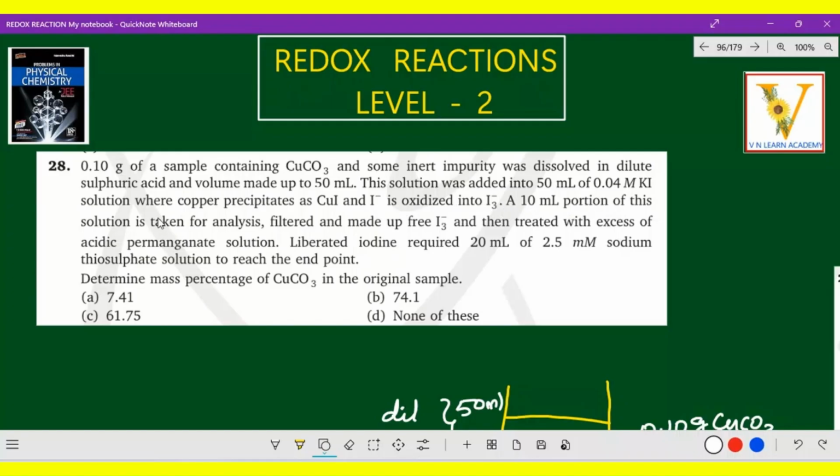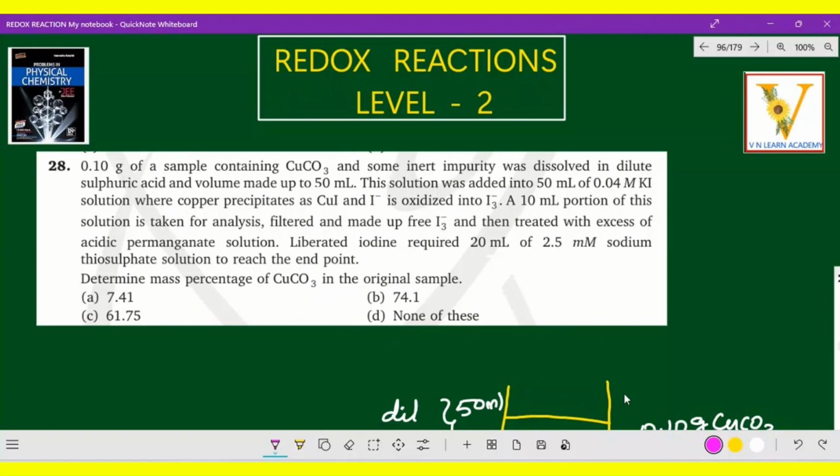A 10 ml portion of this solution is taken for analysis, filtered and made free of I3 minus, and then treated with excess of permanganate ion to liberate iodine. It required 20 ml of 2.5 millimole sodium thiosulfate to reach the endpoint. Now in this, determine the mass percentage.